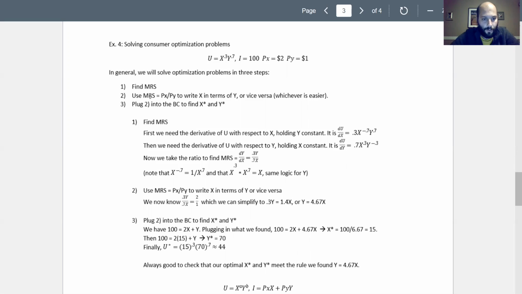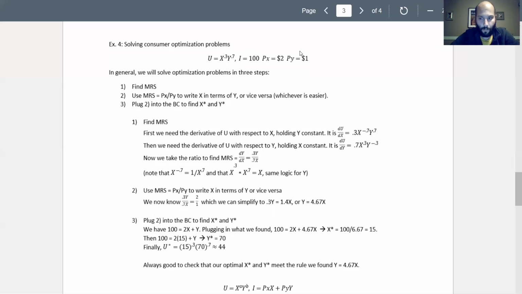We're going to use our golden rule, our tangency condition, MRS equals the ratio px over py, to write x in terms of y, and then we can plug into our budget constraint, written in terms of I equals pxx plus pyy.